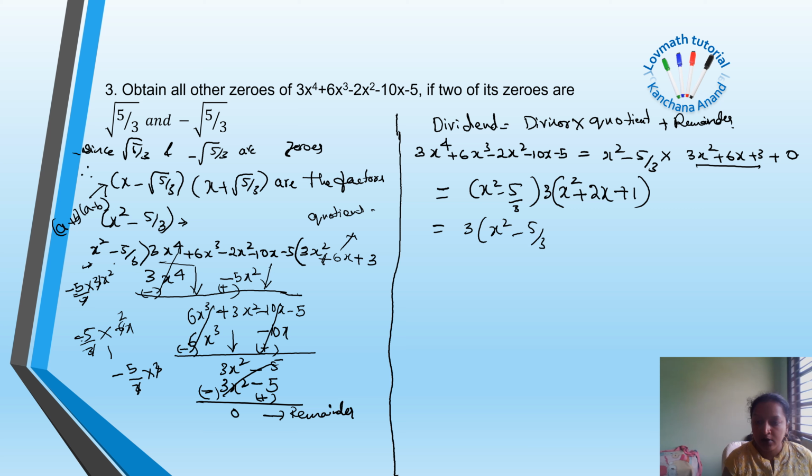Here instead of x^2 + 2x + 1, I am writing (x + 1)^2. That means here I am using the identity (a + b)^2 for this x^2 + 2x + 1.